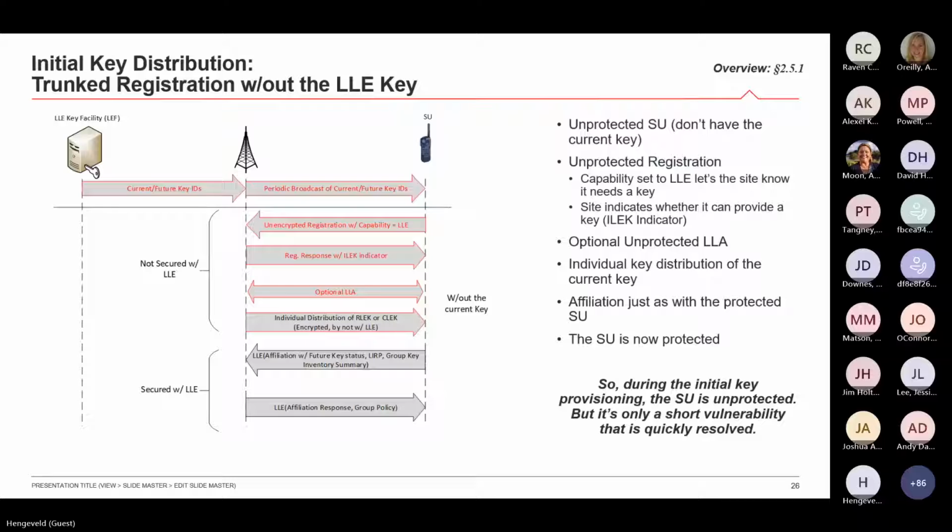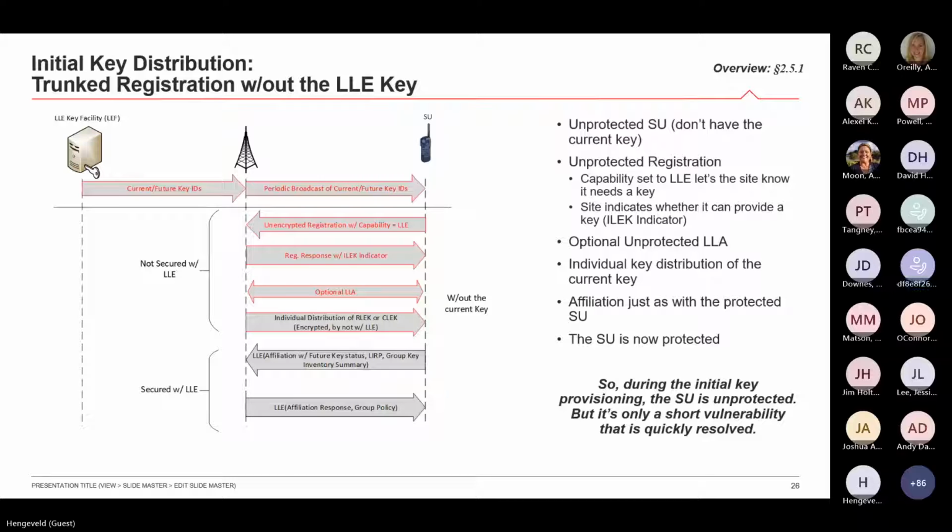If I was somebody moving into an area and I was really paranoid about protecting my identity, I'd probably set up a room somewhere that had a local site, and register in a low power mode or in some way that protected the RF, and then I could go out and do my business. Your identity is revealed once briefly during this first registration, but then it's never revealed again.